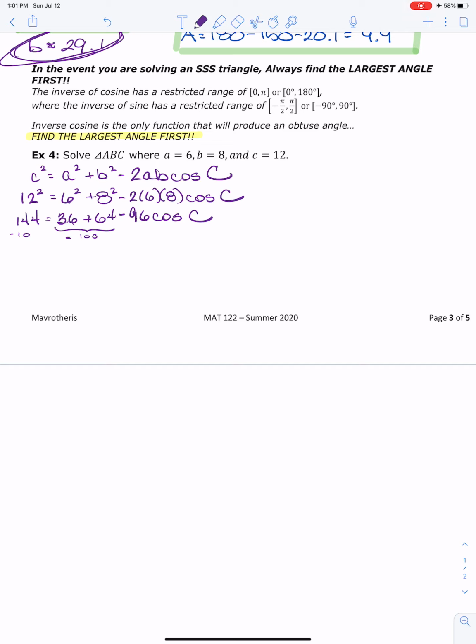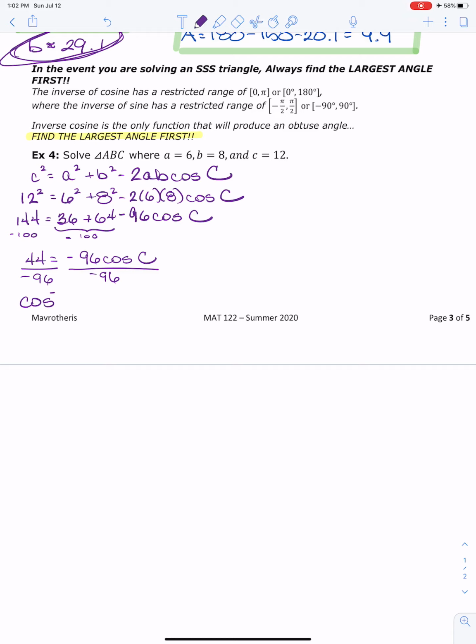I'm going to subtract that from both sides and get 44 equals, the negative has to stay in front of that 96, cosine C. Keep in mind that 96 cannot be subtracted from the 100 because that is the multiplier on cosine C. And so now I'm going to divide both sides by negative 96. Cosine of C equals negative 44 over 96.